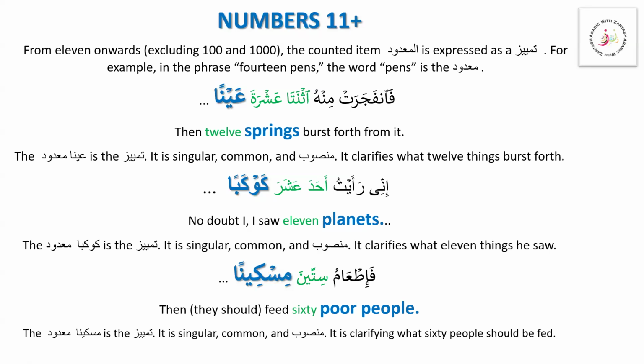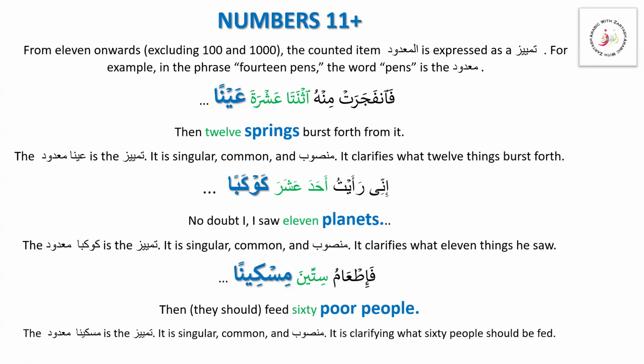Also, we know that it is clarifying what 11 things he saw. So, Inni ra'aytu ahada ashara kawkaban: no doubt, I saw 11 planets. The madud kawkaban is a tamyiz, and all the three things for tamyiz are proven here. It's singular, common, and mansoob.